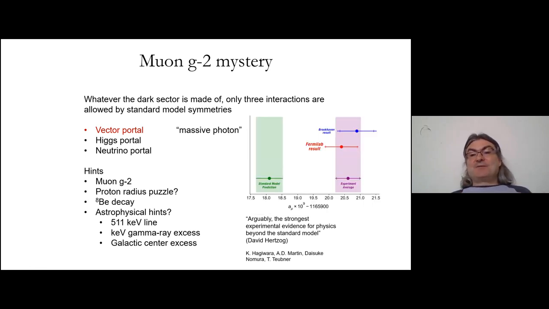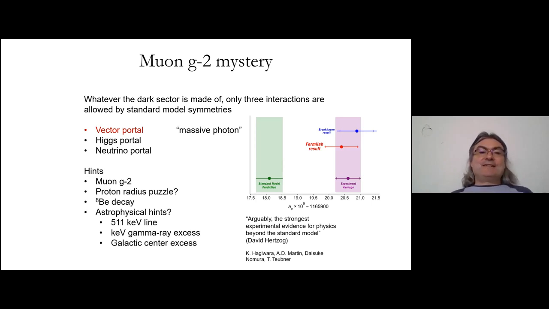This measurement has recently been repeated at Fermilab, and the significance of the discrepancy is now stronger. It's 4.2 sigma, and has been called one of the strongest pieces of experimental evidence for physics beyond the standard model. Vexingly, there is also a new theoretical result that claims to explain why the g-2 is on this side, and that opens up interesting questions of its own. Let's just say that a lot of interesting physics can be done.